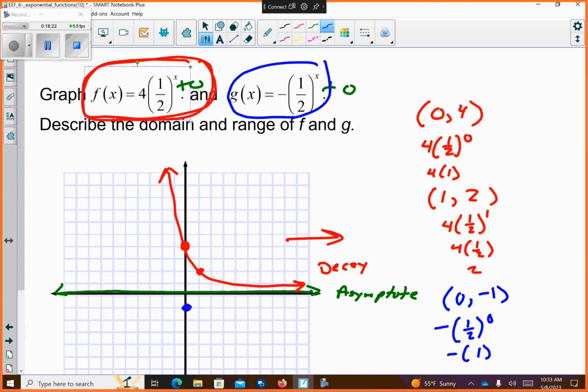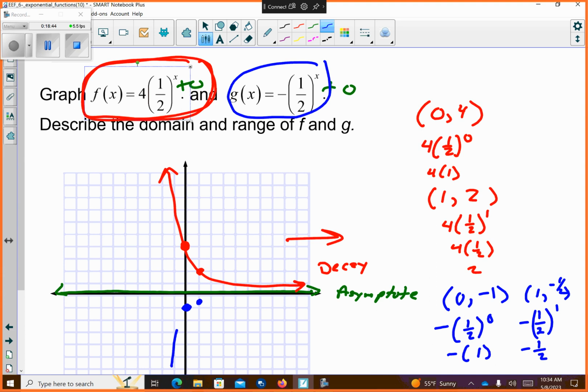Okay. Let's plug 1 in. What's 1/2 to the first? 1/2. What's negative times half? Negative half. So 1/2 is here.